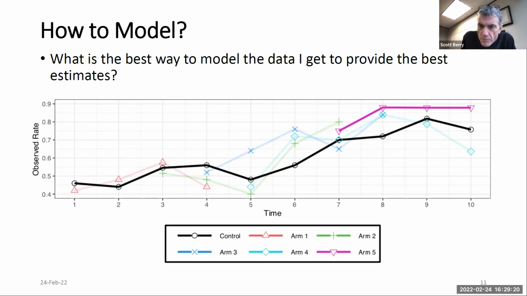The control arm was before this with other active arms, which you can see in the other different colors. I don't attack this problem from how do I control type 1 error, what's my bias. My question is, how do I model this to make the best inferences to compare arm 5 to control?